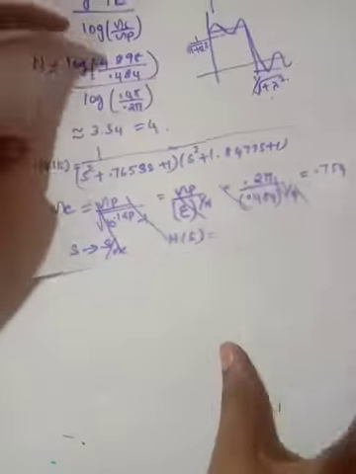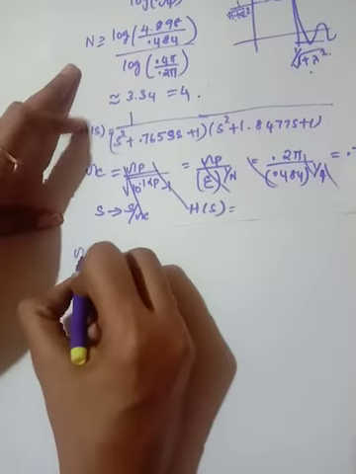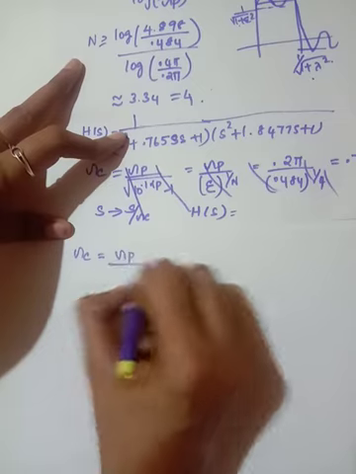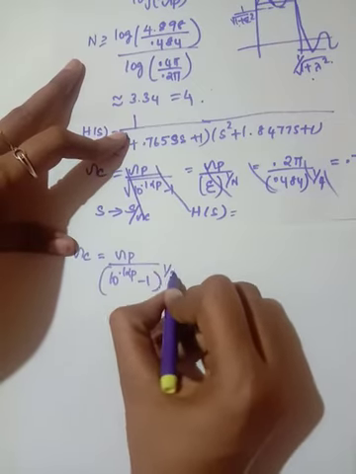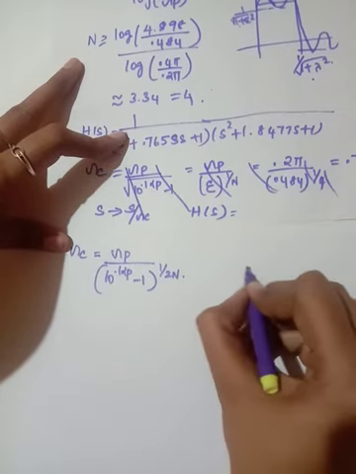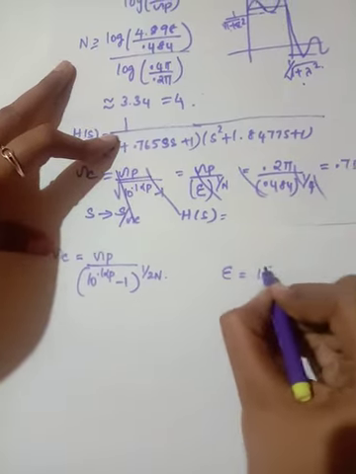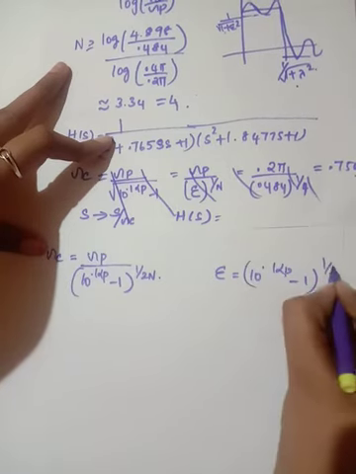Sorry, here there is one correction. Here we have designed that omega c is equal to omega p divided by 10 power 0.1 alpha p minus 1 the whole power 1 by 2n. Now we are having epsilon, where epsilon is equal to 10 power 0.1 alpha p minus 1 the whole power 1 by 2, right?